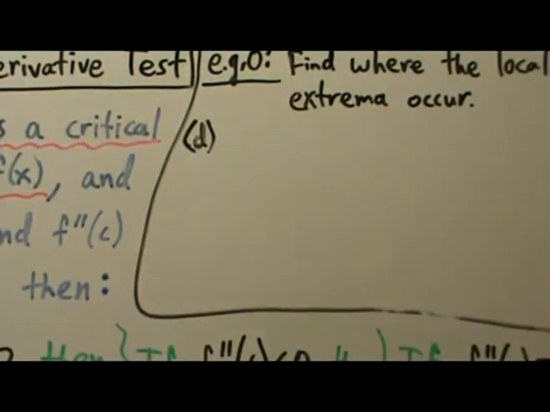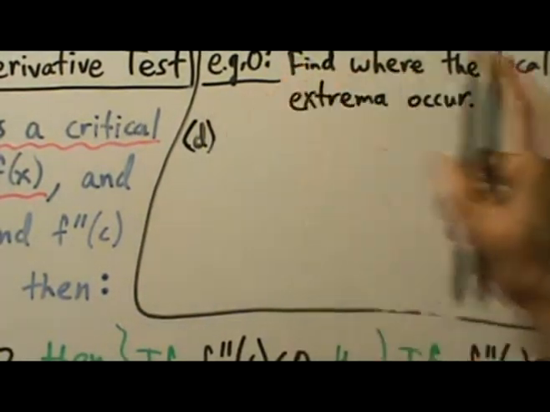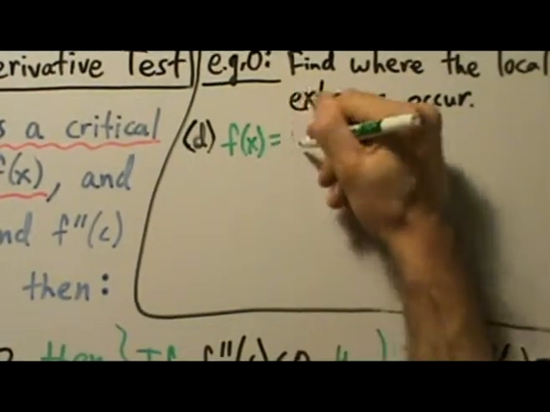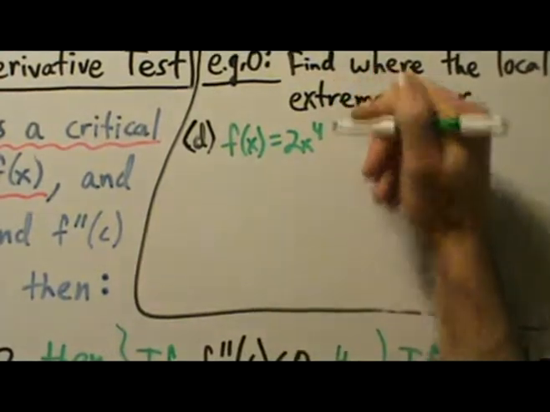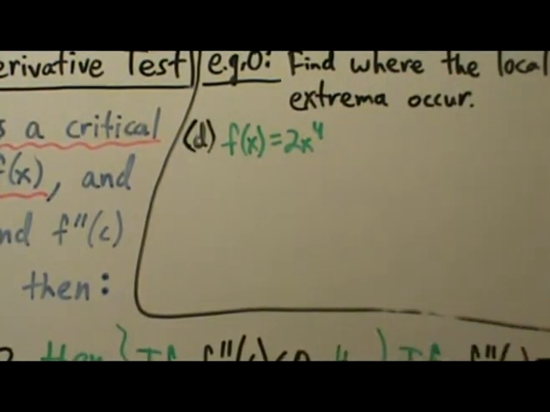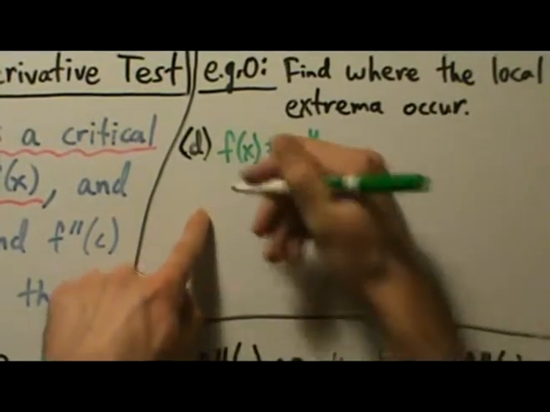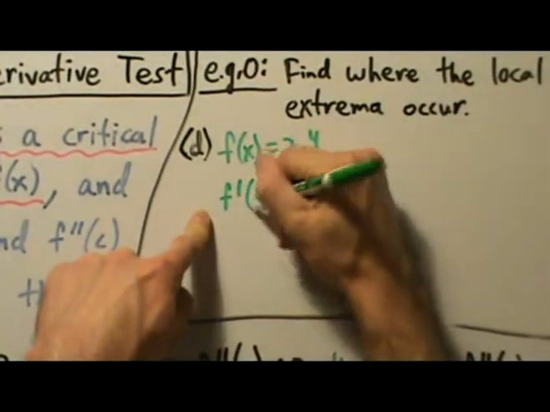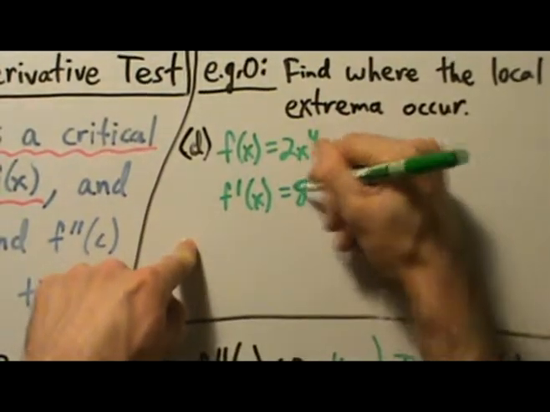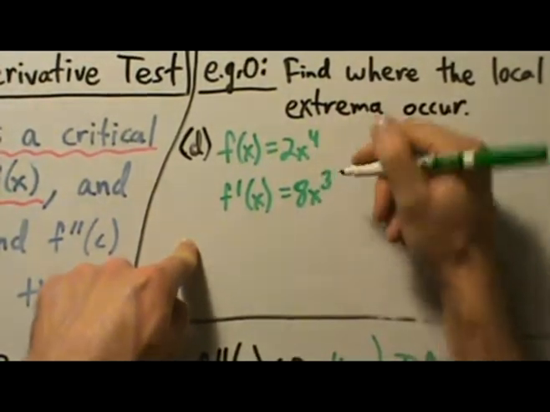And part D is f of x equals 2x to the fourth. Same instructions, find where the local extrema occur. Now for 2x to the fourth, f prime of x is going to be 8x cubed.